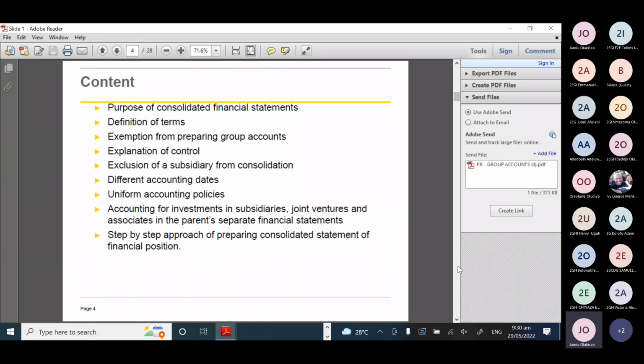Thereafter, we started the calculation by looking at the step-by-step approach of preparing the consolidated statement of financial position. Here you were given about 8 rules, which I said we will follow strictly in preparing the consolidated statement of financial position.